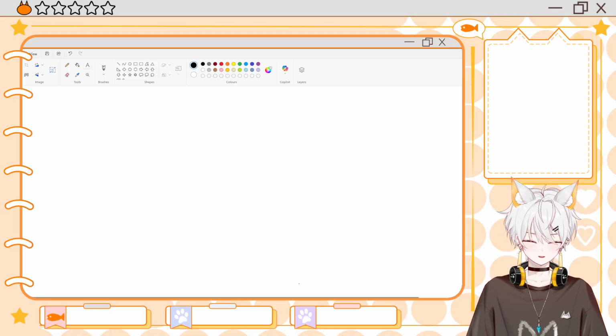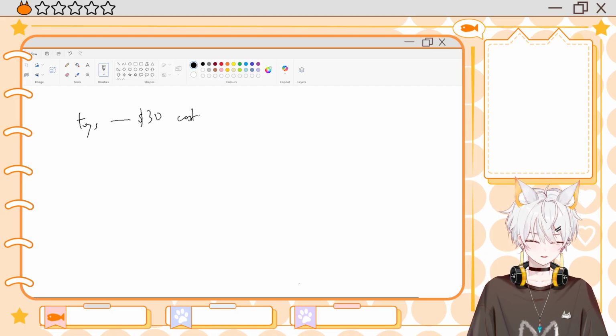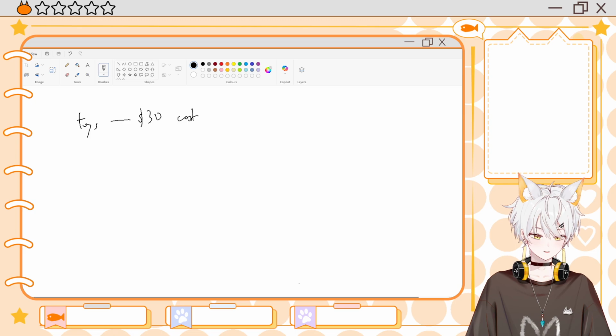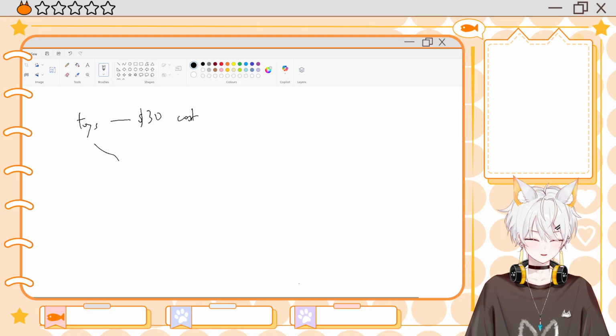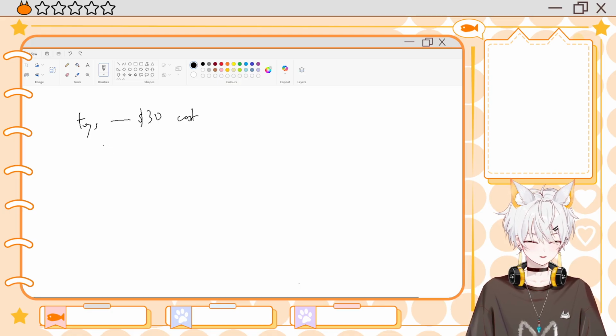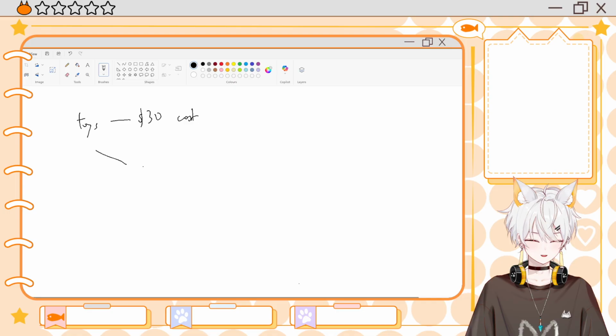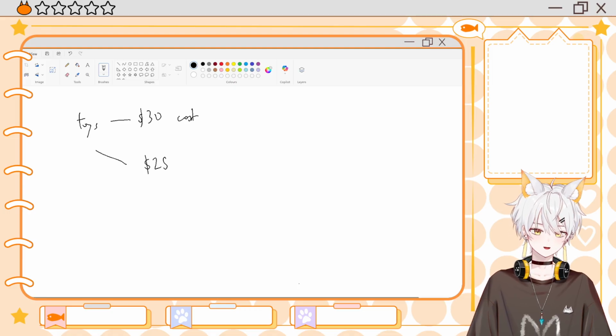While I'm in possession of this box of toys, let's say it gets knocked around and takes damage, and then I'm unable to sell it for $50. I can only sell it for less than 30, let's say 25 or 20. 25, okay. Does that count as impairment?